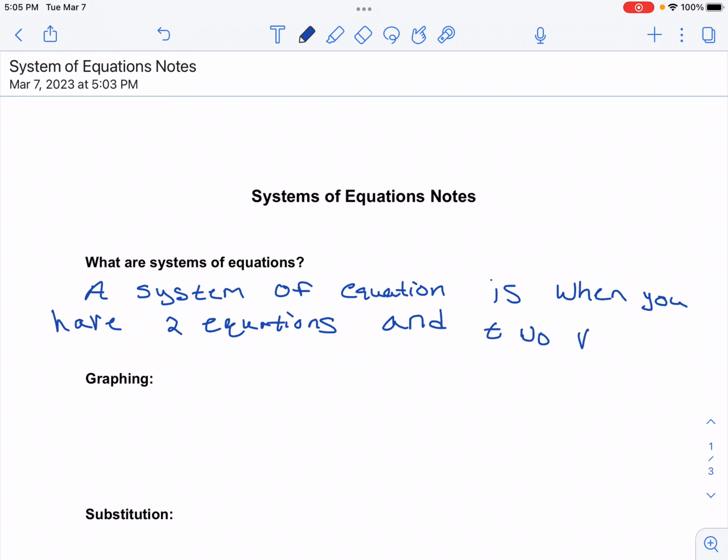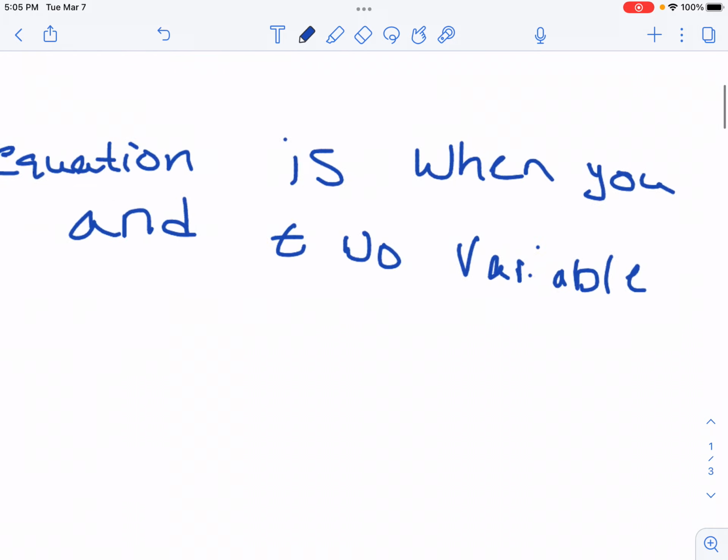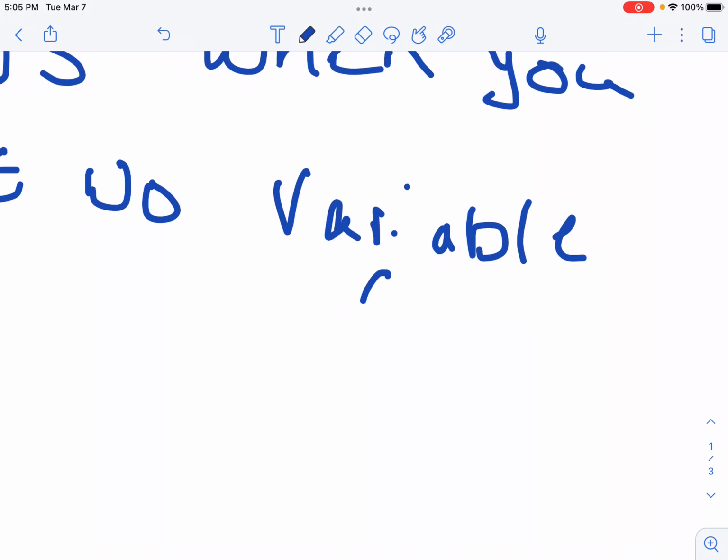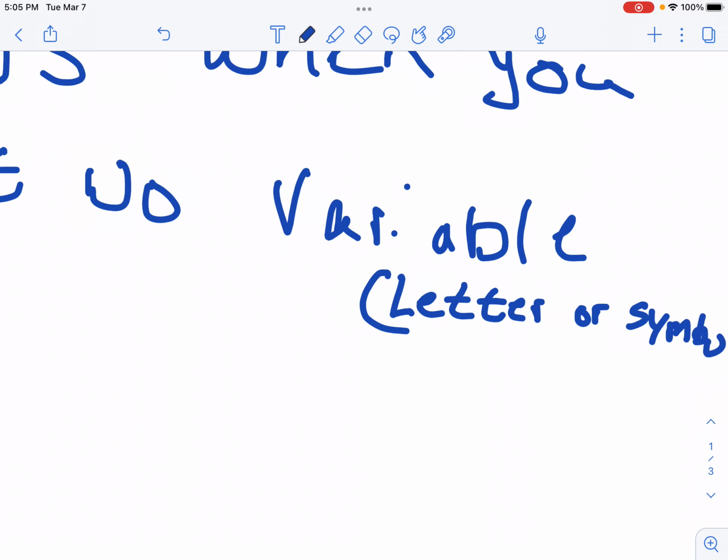I'm going to give you all a second to try to remember what a variable is. If you need a little reminder, what is a variable? It's like a letter or a symbol, like x, y, etc. Okay?